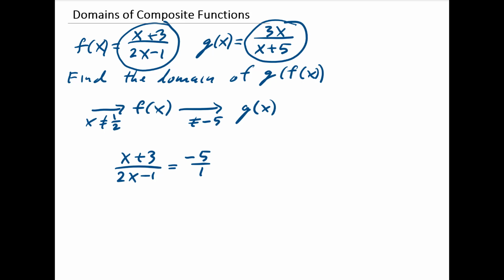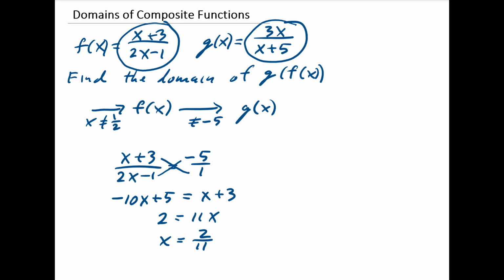And again, this is a proportion, and we solve it by cross multiplying. -5 times 2x minus 1 is -10x plus 5. And 1 times x plus 3 is x plus 3. If you add 10x to both sides and subtract 3 from both sides, you get 2 equals 11x. So x is going to be 2 over 11.